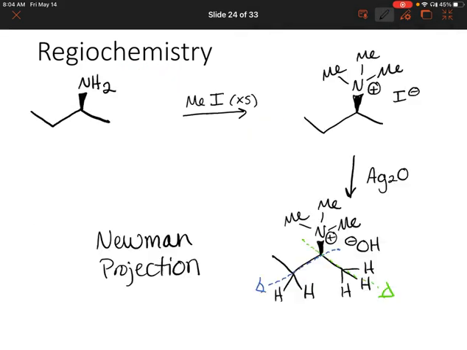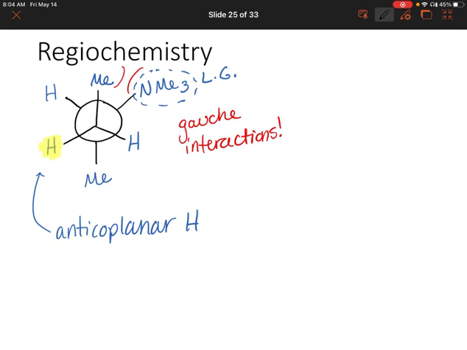Okay, but if we look down the green bond, our situation is a little bit different. So looking down the green bond, the front carbon has 3 hydrogens because it's a methyl group. And then in the back, we have our nitrogen bonded to 3 methyl groups. That's our leaving group.